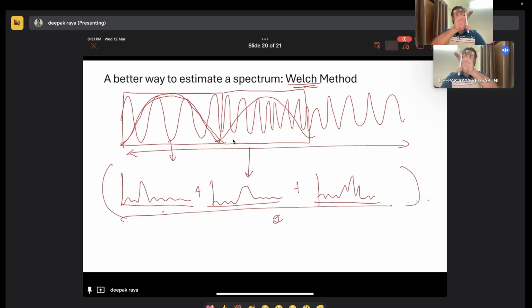We move a very small amount and take it, so that when you average it out, the attenuation of the ends will go away, because in one case that part is the attenuated part, but if you take some other window, it is on the peak part. So that way it will compensate.